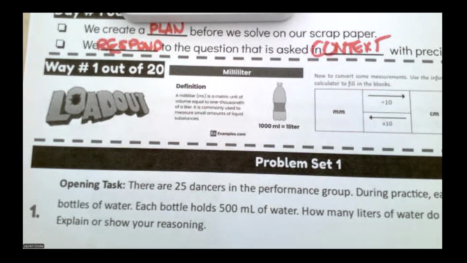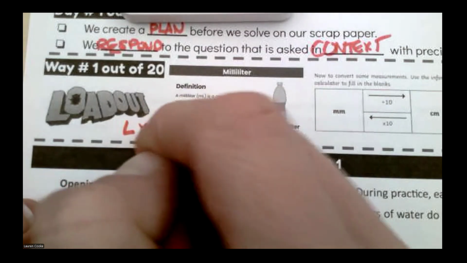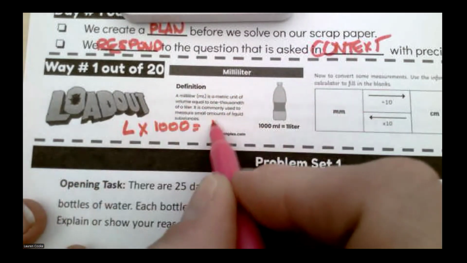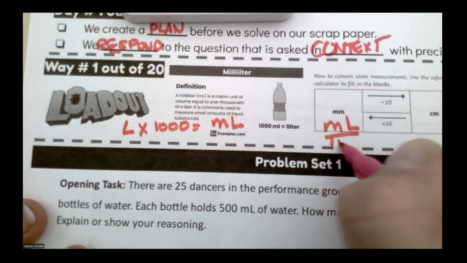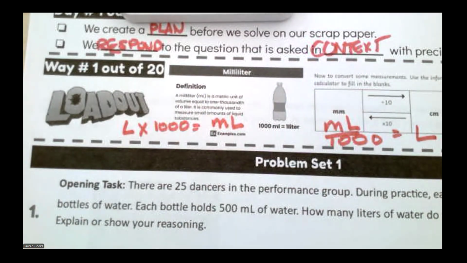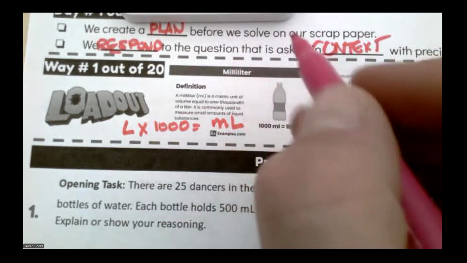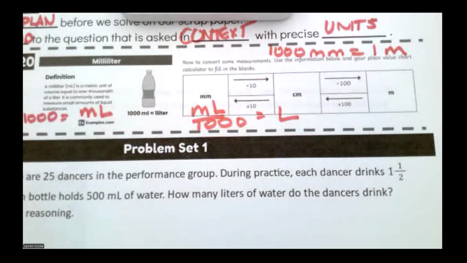It is our job to know that if you have liters times 1,000 equals an equivalent amount of milliliters. And if you have milliliters divided by 1,000, that will give you liters. Also millimeters, milligrams, also 1,000 of them. 1,000 millimeters equals 1 meter, the general unit in the middle. Okay. So let's get working on the open task.